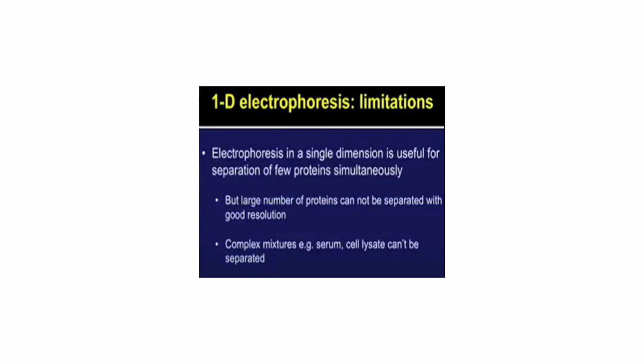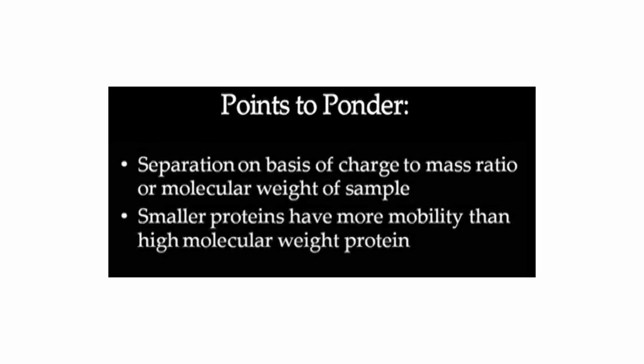That's how initially a resolving gel is made, and then at a lower concentration, a stacking gel is made, where the proteins are loaded. In the stacking gel, the proteins initially run slowly, and once they come to the same location, they get resolved in the resolving gel.